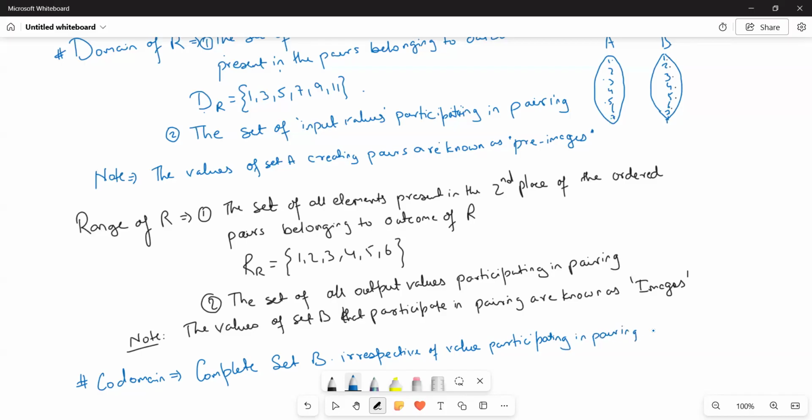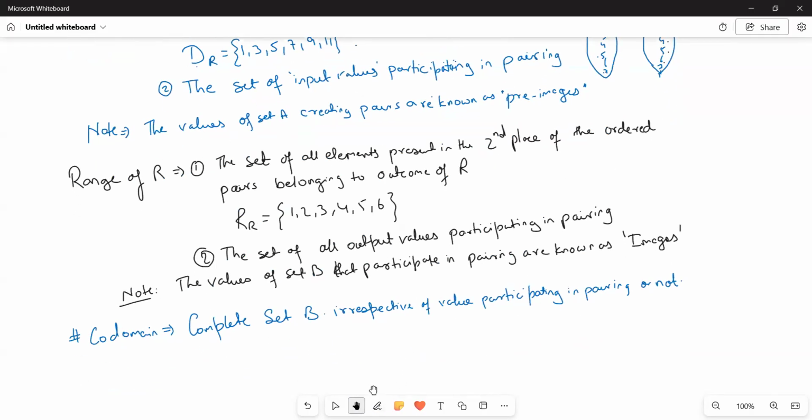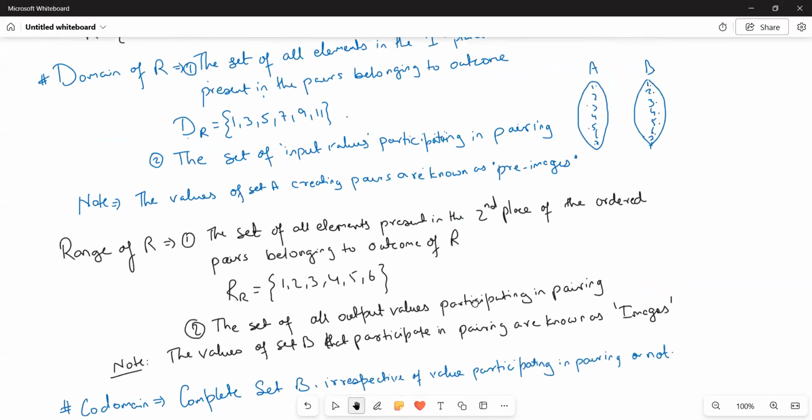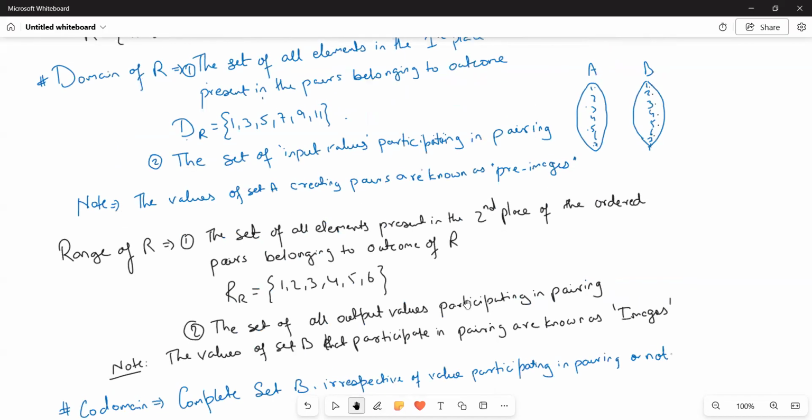Doesn't matter. It is the complete set B. Is everyone able to understand the definition of domain, range, and codomain?